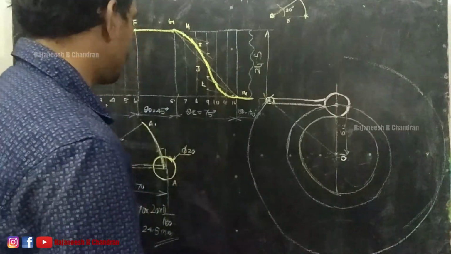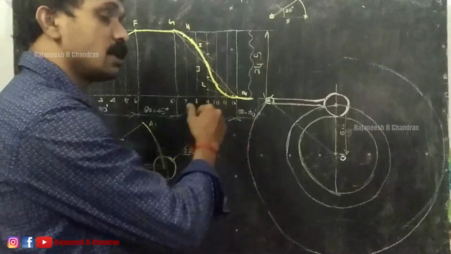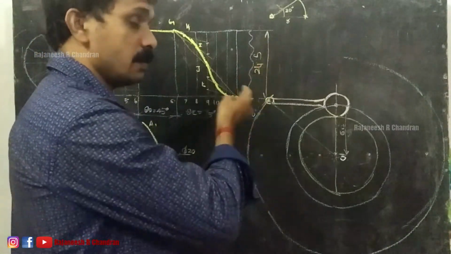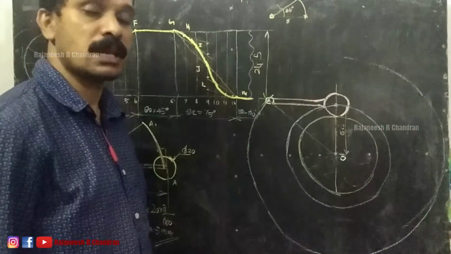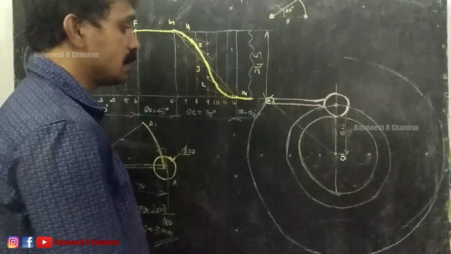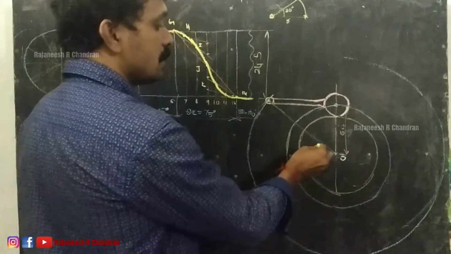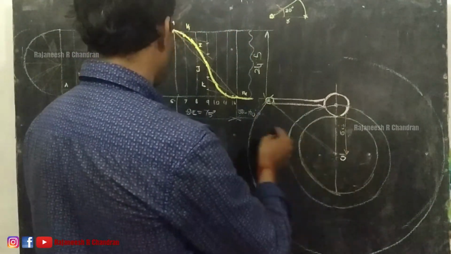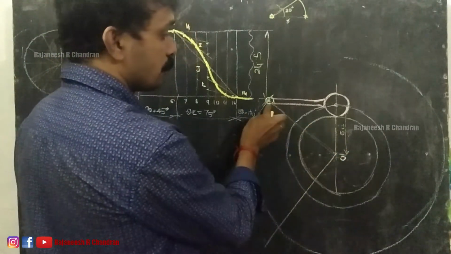Now it is given that outstroke is 90, dwell is 45, return is 75, balance dwell is 160. So we have to mark this portion also in this cam diagram. How can we mark? See, the method is keeping this line as our initial line, measure all the values from that line.